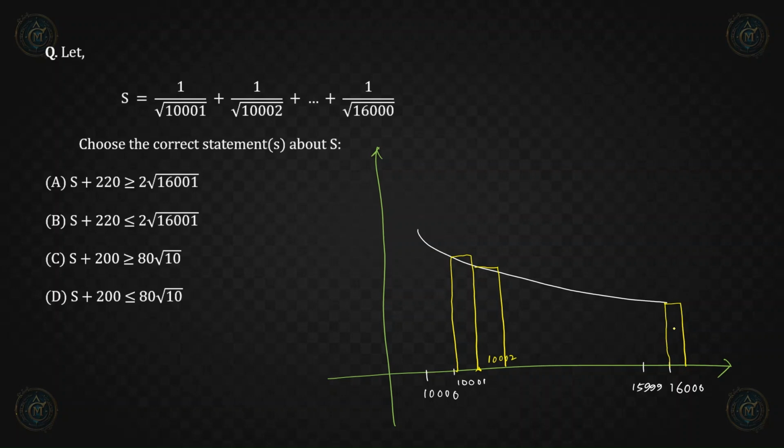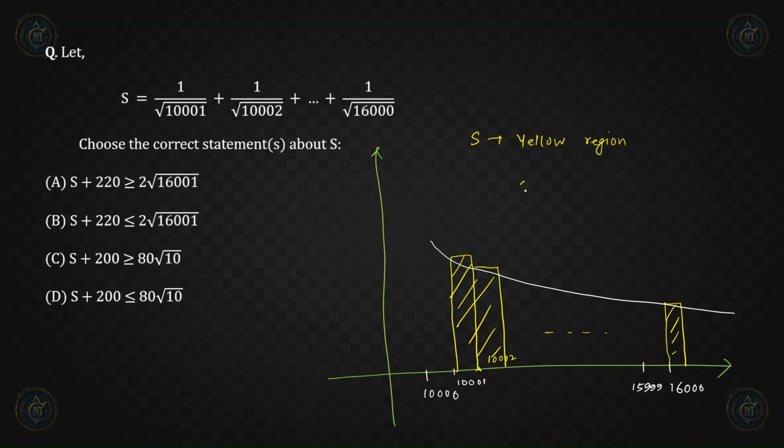So the direction will be the same like this, and this graph will continue like this. 1 divided by root x, let us draw it again like this. So this total yellow region is our S, right? So in between we have many rectangles. So S is our yellow region.